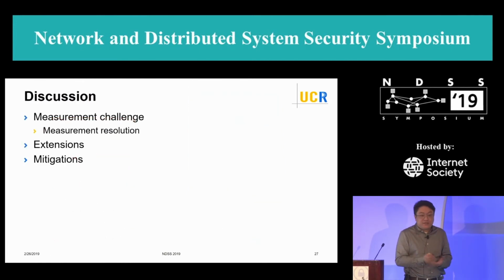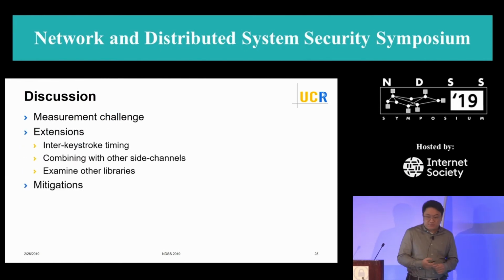Based on our experience of the attack, we conclude that the measurement challenge is really the bottleneck of our attack. So the attacker's capacity is heavily influenced by just how fast you can do flush and reload. Also, in this presentation, I'm just talking about the very basic ideas of the attack, so there are a lot of extensions we can further apply.